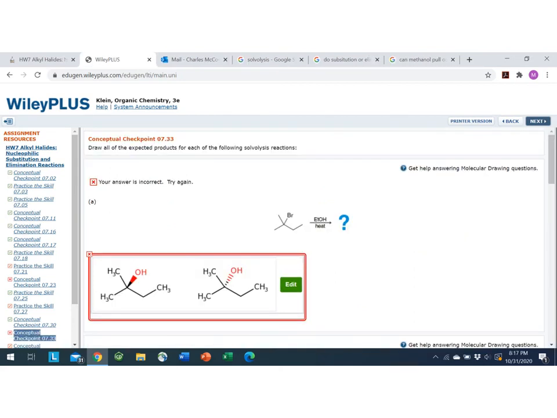So for this one, the really glaring issue that I see is you are starting with, so this is non-chiral, and then you're indicating chirality there. So again, methyl, methyl, that's the same. So there's no point in putting a wedge or a dash. The other thing is this is ethanol as your solvent, and you have OH.